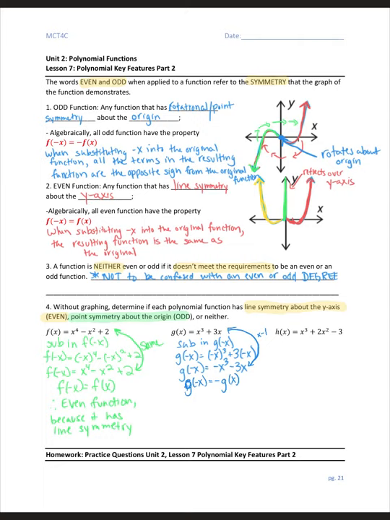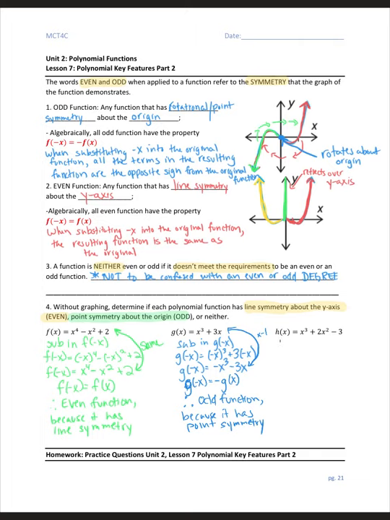So if you look up in your notes, when g of negative x is equal to negative g of x, we're going to have an odd function because it has point symmetry, right? We could rotate it around the origin, and it would have the same graph on the other side of that. Okay, let's look at one more.